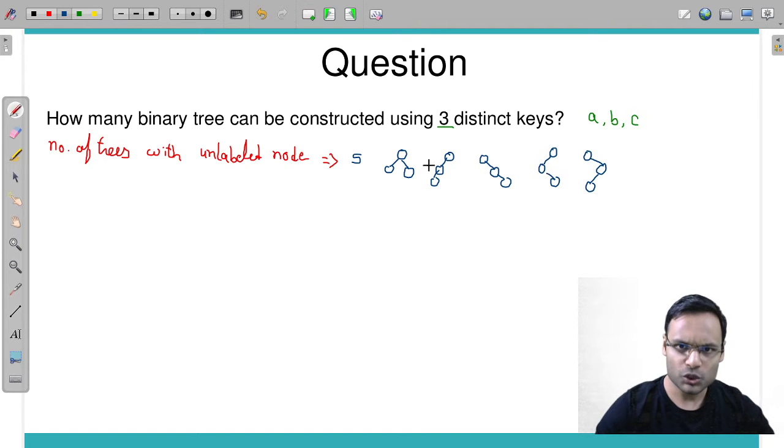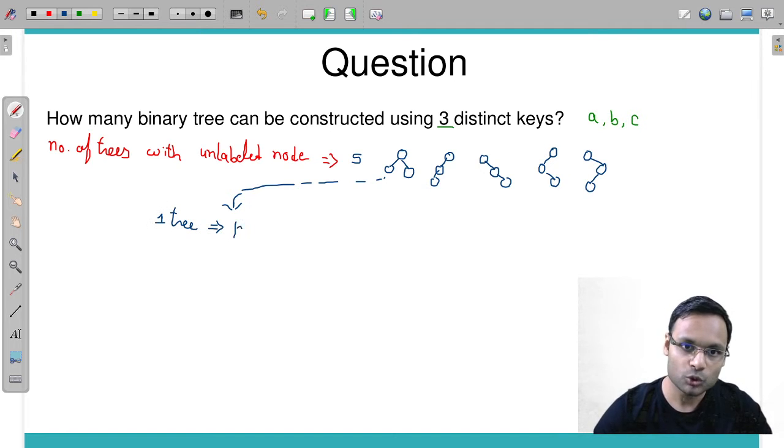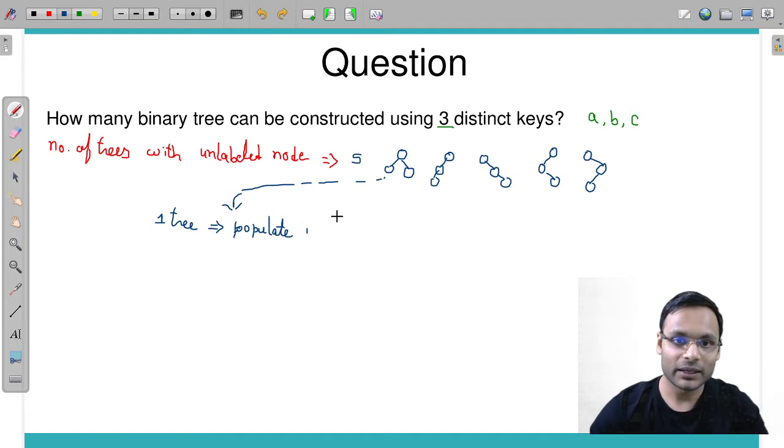Now let's choose the structure of a tree. This particular tree I have taken. A single tree, and in that tree I am going to populate the keys, meaning I am going to put A, B, C in this tree.